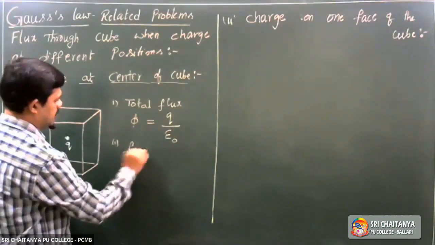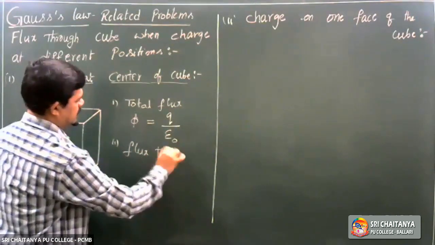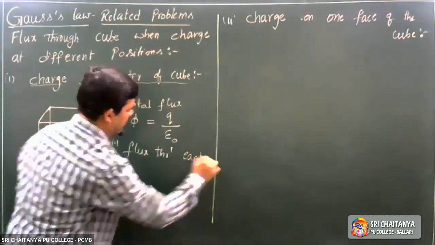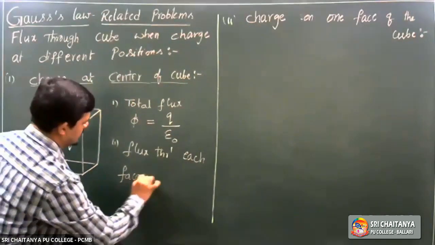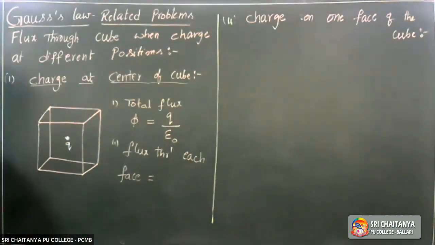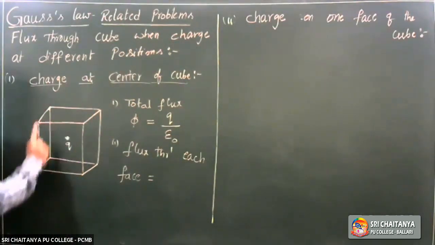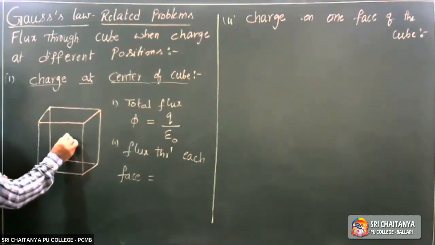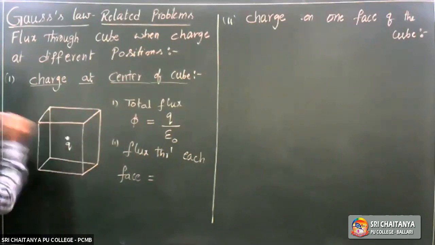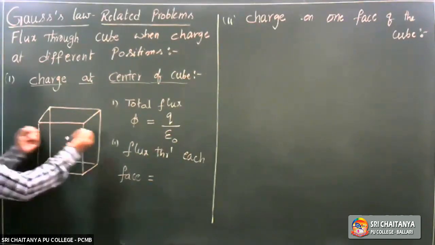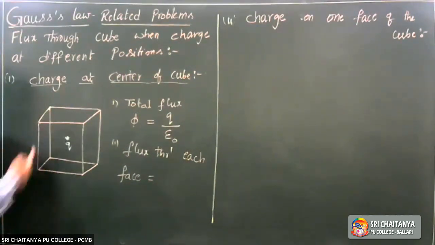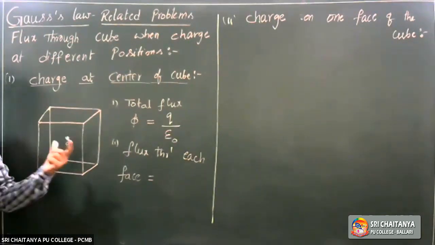Another question they ask: what is the flux through each face of the cube? Simple thing. Whatever flux comes out of this, it comes out through the faces, and we know for the cube there are 6 faces. Just imagine your room.